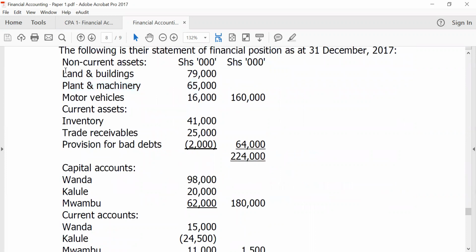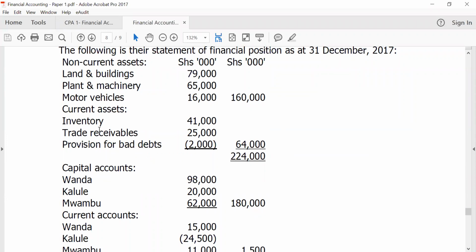So I tried to do a demonstration for land and building, and proceed as well for our motor vehicles to also transfer them to the realization account. So all assets are supposed to be transferred. We do land, we do plant and machinery, we do motor vehicle the same way. We also do inventory, then we also do trade receivable. What we don't transfer is cash.